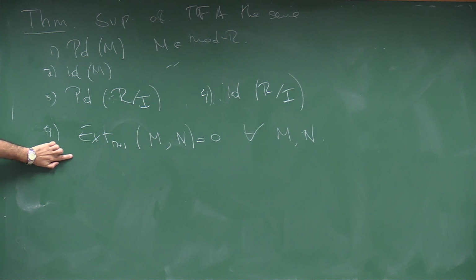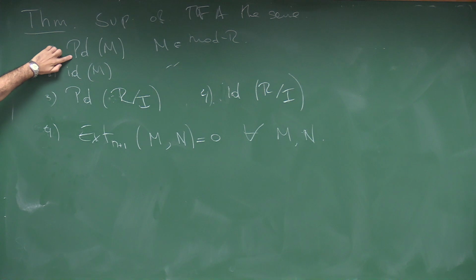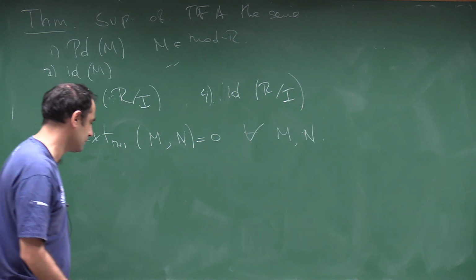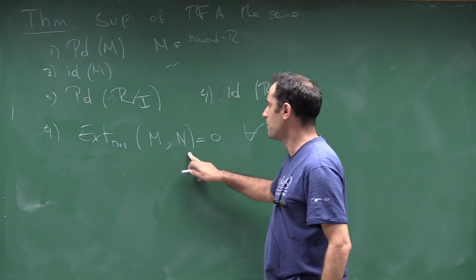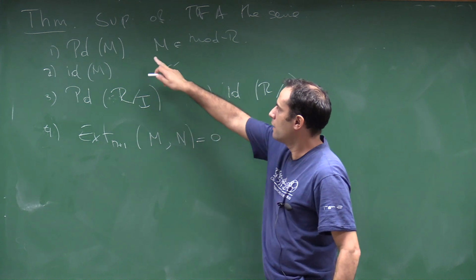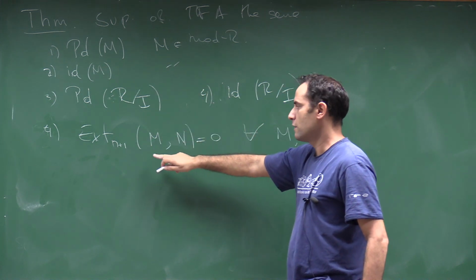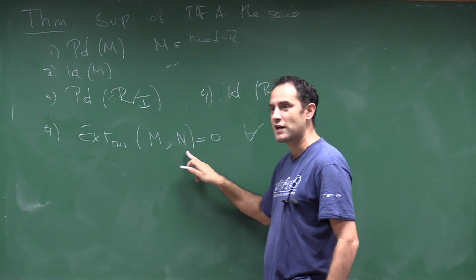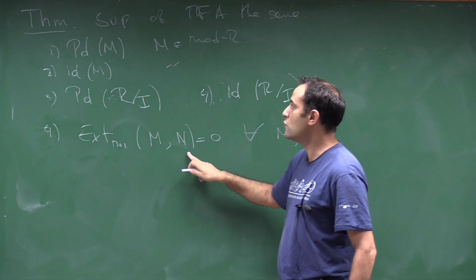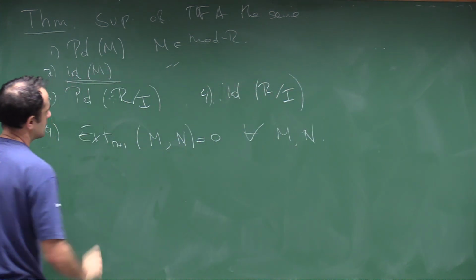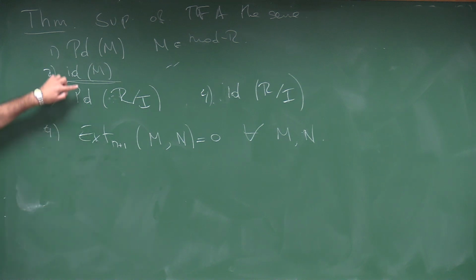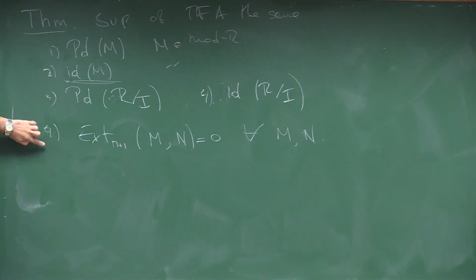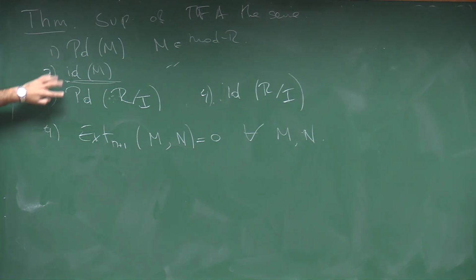If you have a module that has projective dimension less or equal than n, then this would be true for every M, for every N. But now, if you know this holds for every M and N, you can compute this by using injective resolutions of N, and then you get that this has to be less or equal than n. And there you get the equivalence between these two. And we've already proven the equivalence between these others, so therefore you get the equivalence between these two.